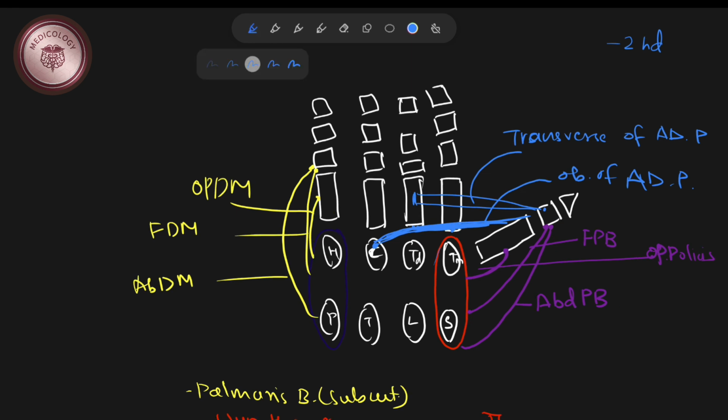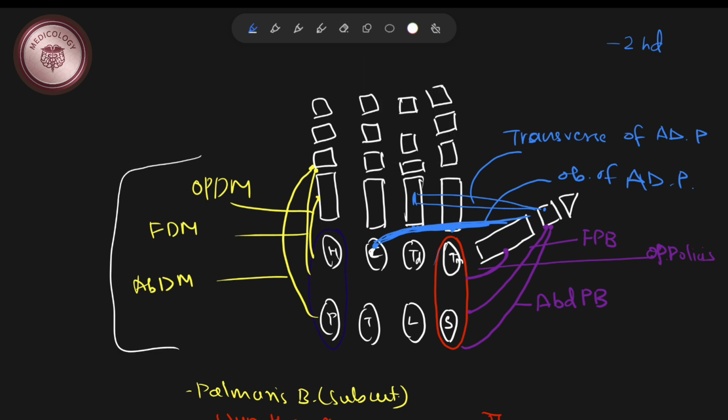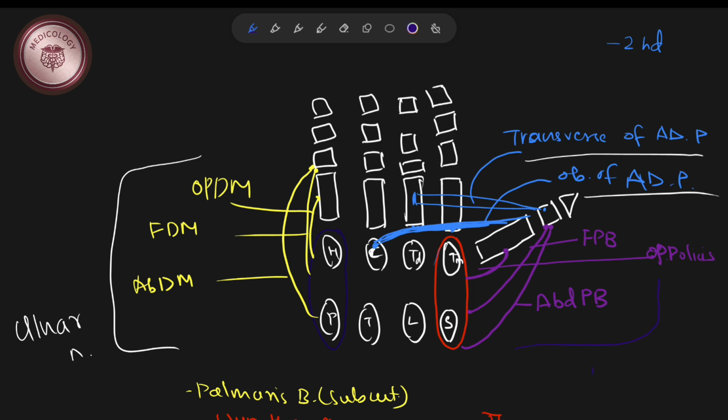Okay, so the hypothenar group is getting supply from the ulnar nerve along with the adductor muscle, whereas the rest of the thenar group is getting supply from the median nerve.